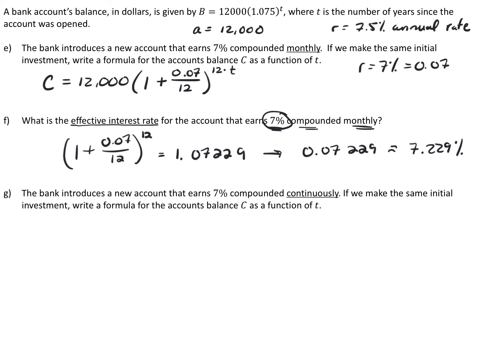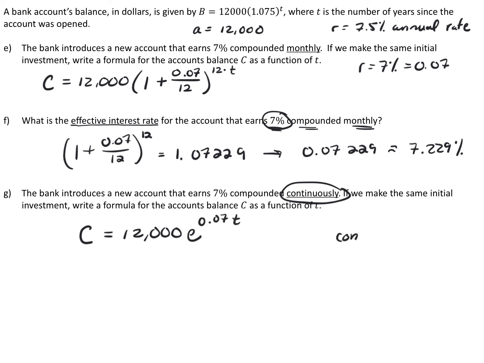Okay. All right, let's take a look at question G. The bank introduces yet another new account that earns 7%, but notice it's compounded continuously. Anytime you read a problem where it says that your rate is a continuous rate, this means that we're looking for an equation where the base is base E. So this equation will give us C is equal to, same initial amount of $12,000, times E raised to the 0.07t.